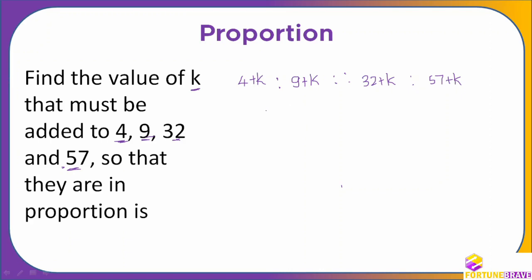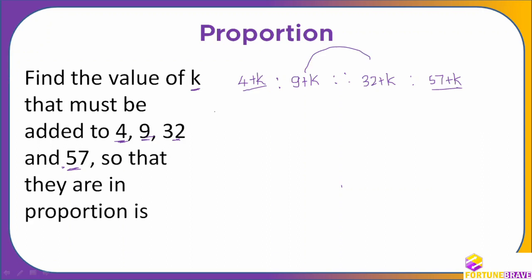Most of you, I have seen several of the students try to solve this with the options. That is fine. But now we have to first understand how to solve it, then use all shortcuts. Right. So now we'll go. We know product of extremes is equal to product of means.